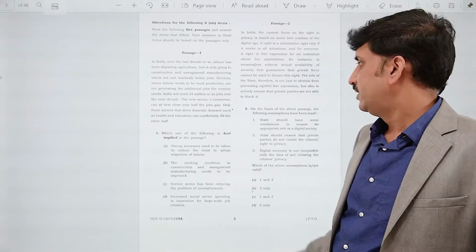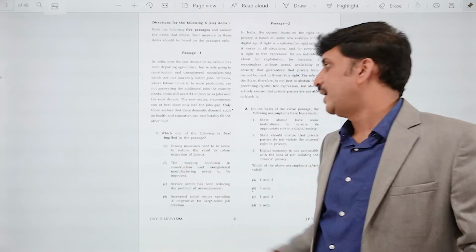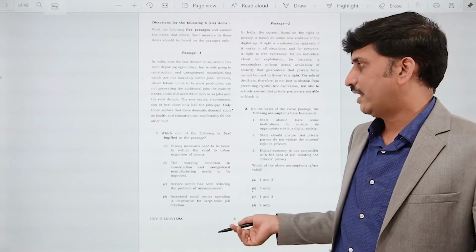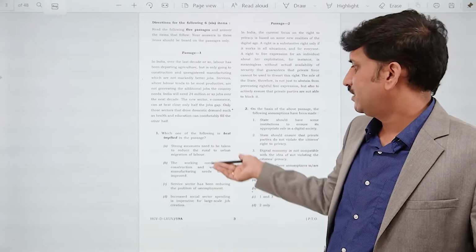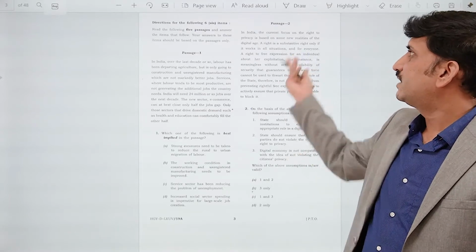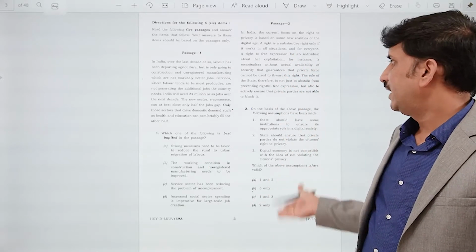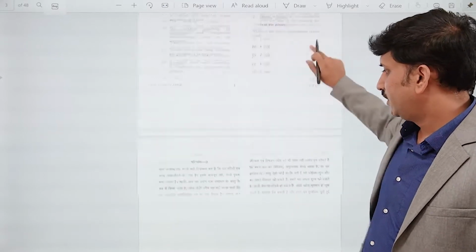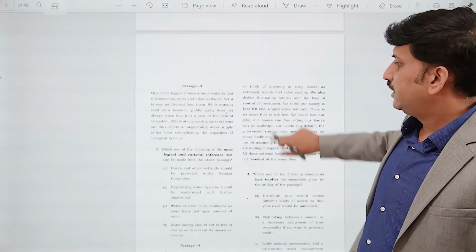One passage is given, and they are asking which of the following is best implied in the passage. So you need to read this passage and answer. Here also they are giving one passage and asking you to read the statements and answer. So this is the basic pattern.